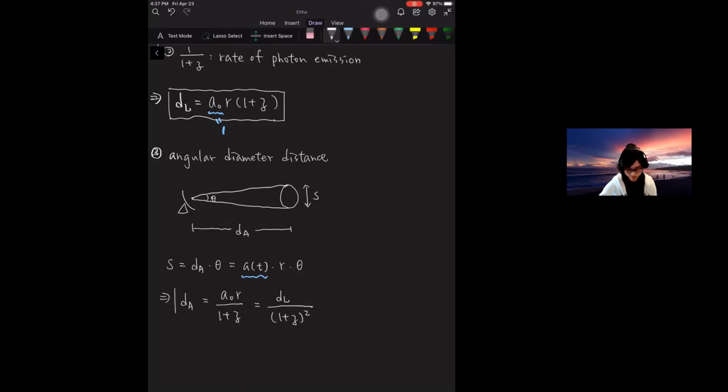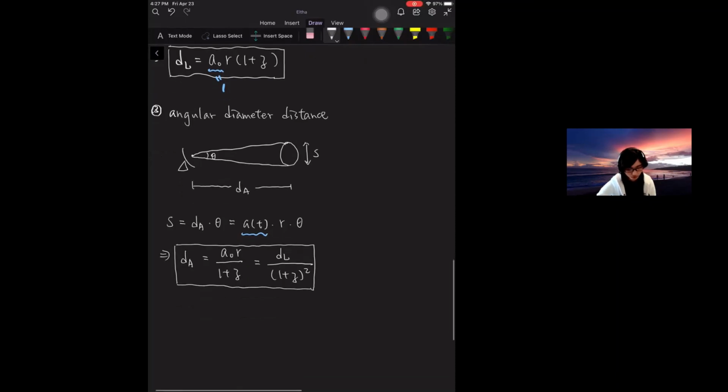And in your homework 4, I think in the second problem, you'll be asked to use a formula from the textbook, which I think is theta equals L times 1 plus z over r.